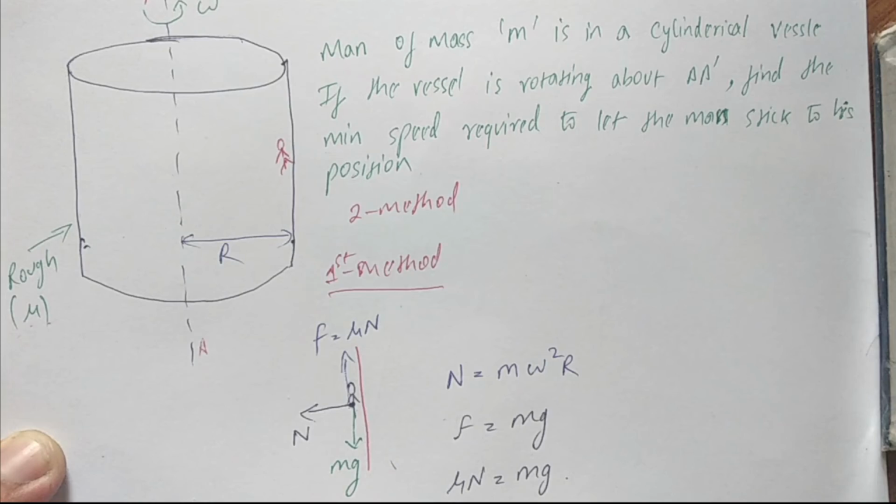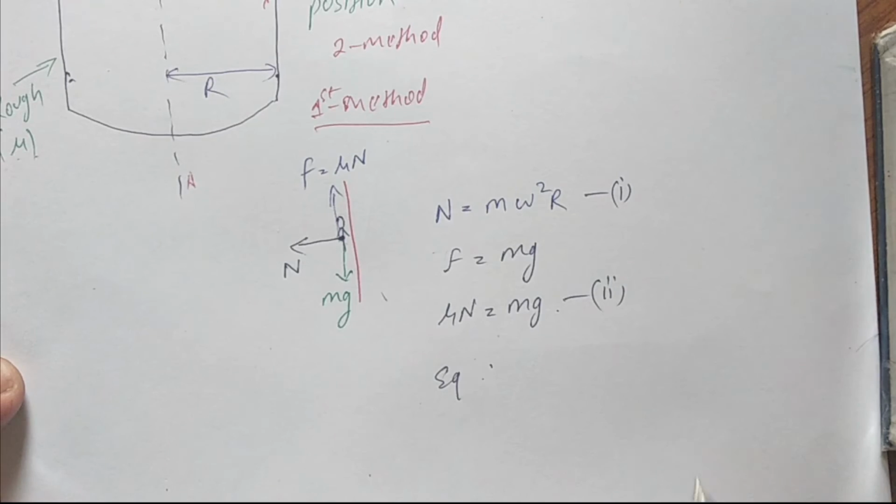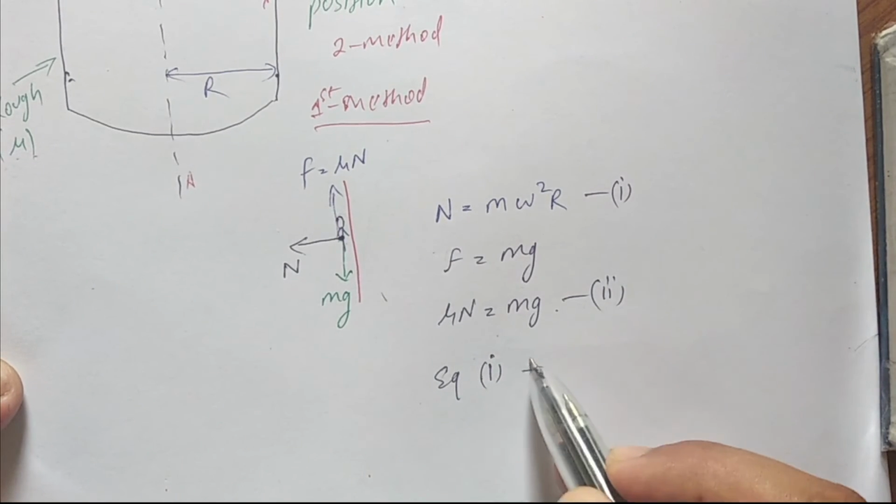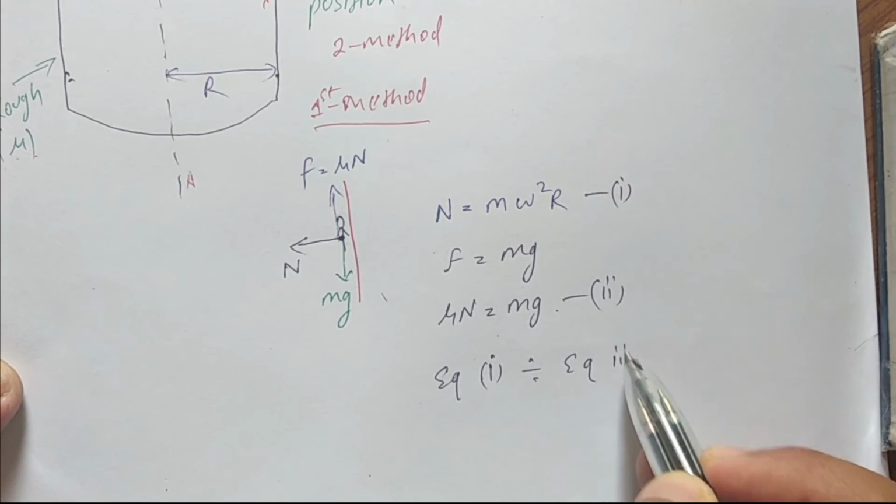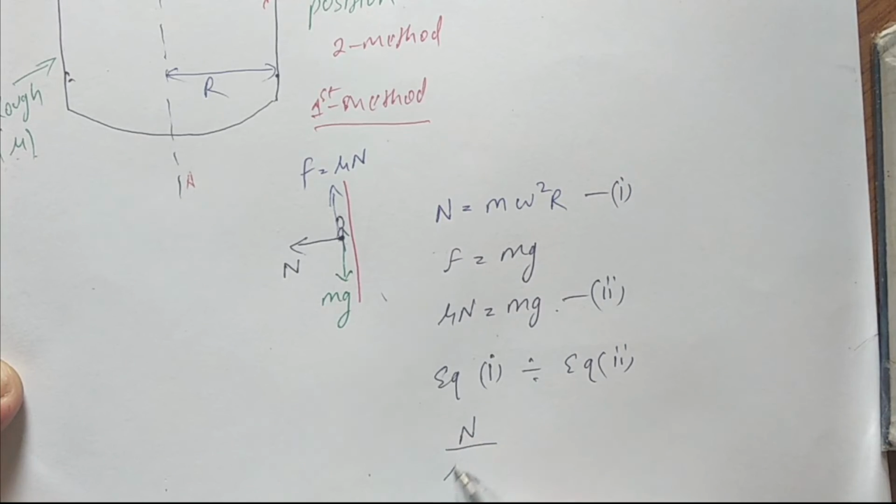We are supposed to find the minimum speed. By using these two equations, we can simply divide equation 1 by equation 2. What we will get is n by mu n is equal to m omega square r by mg.